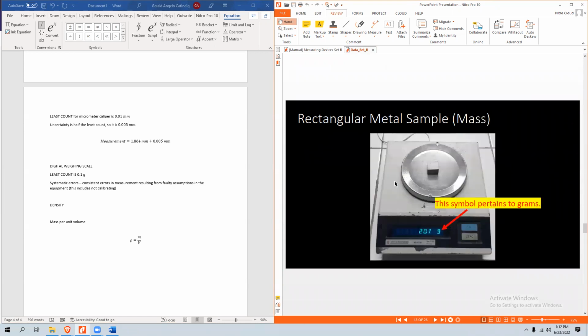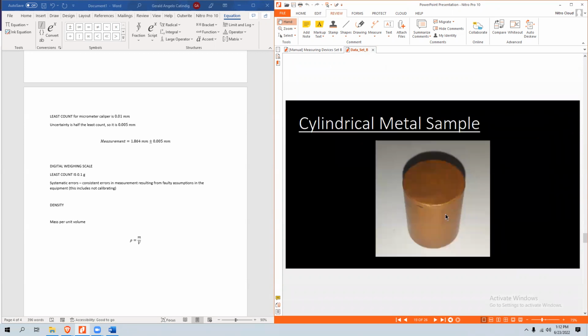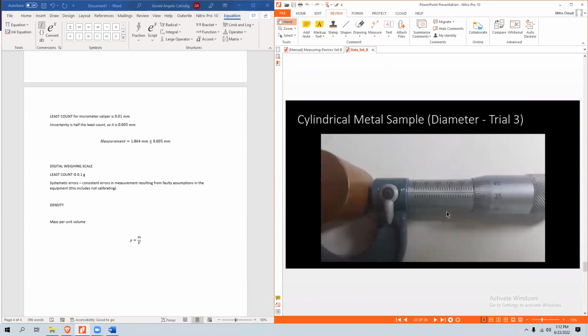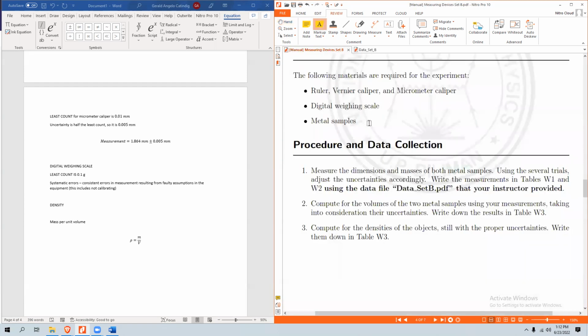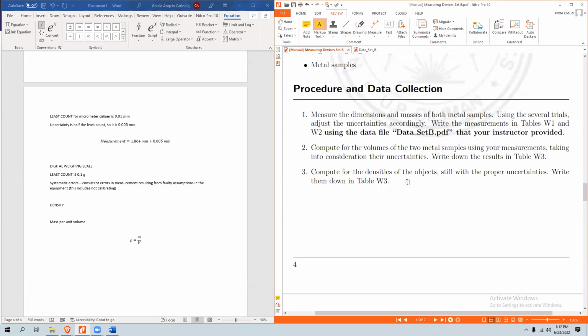And again, sa weighing scale, nandito na yung measurement natin. The same din sa cylindrical metal sample, it is already all measured for you. You just have to read and interpret the measurement correctly. Okay?